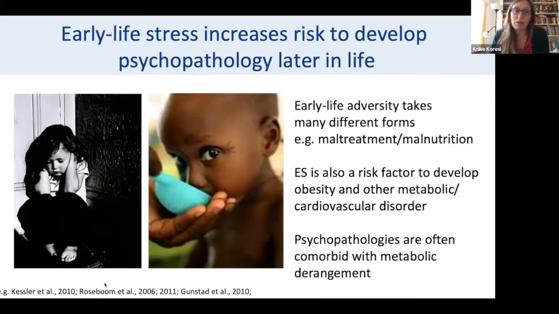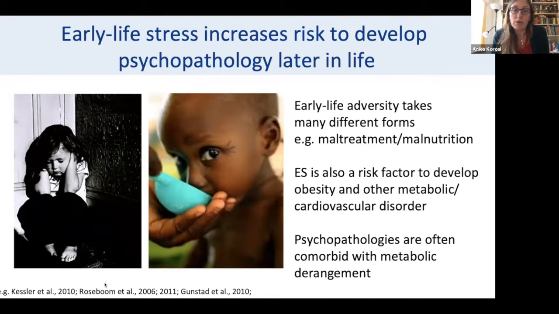And what is also remarkable is that when we look in the epidemiological literature, we can see that these early life adversities can take many different forms. It can be, for example, maltreatment or malnutrition, etc.